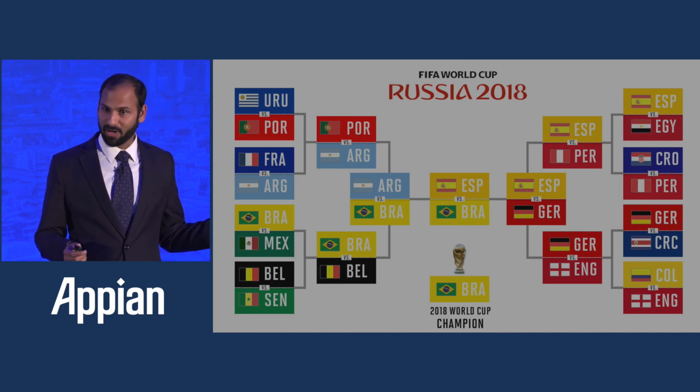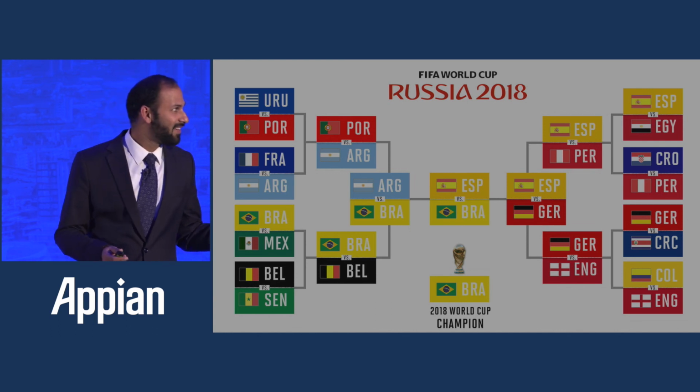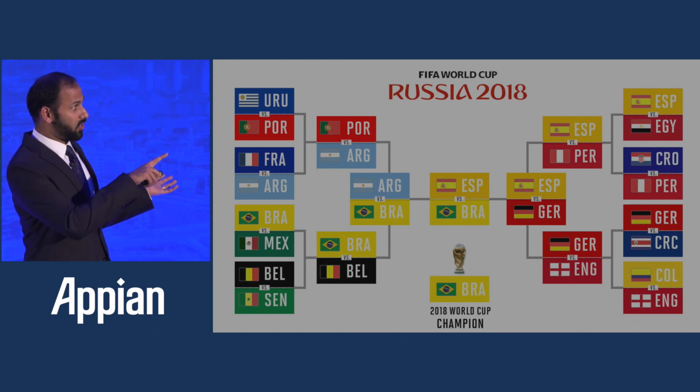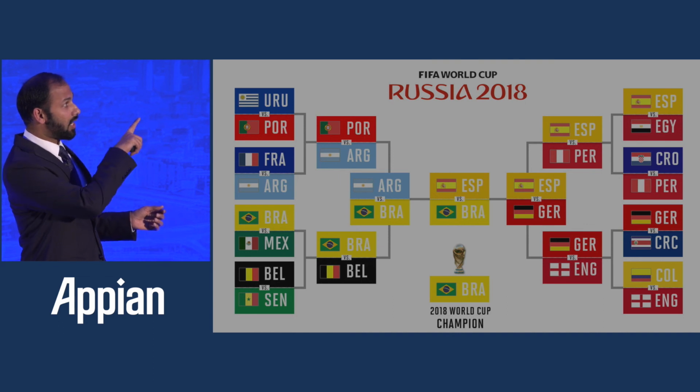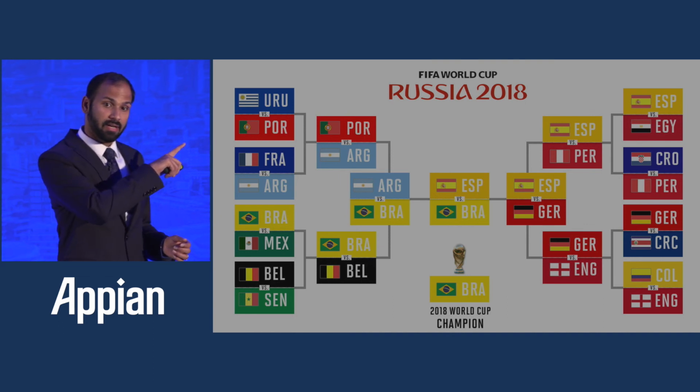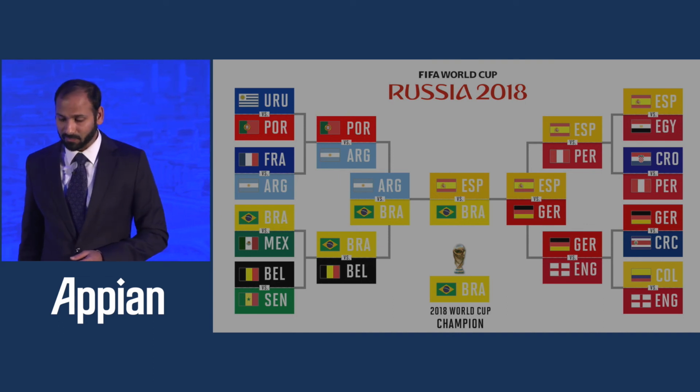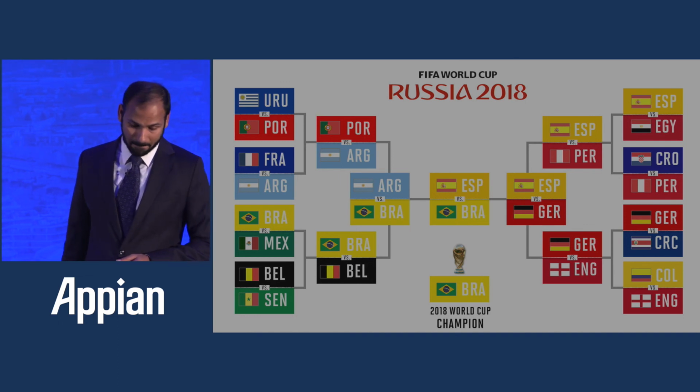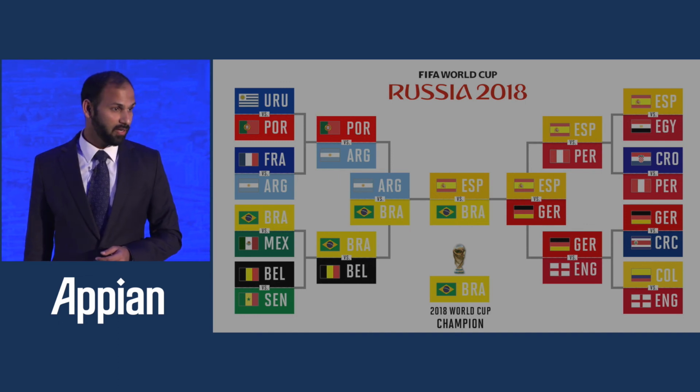And we all know what happened, right? We all know what happened. So Croatia, which was scheduled to be knocked out in the first round, and so was France, were the winner and the runner-up. So my final message is, until the next World Cup, my job is safe.